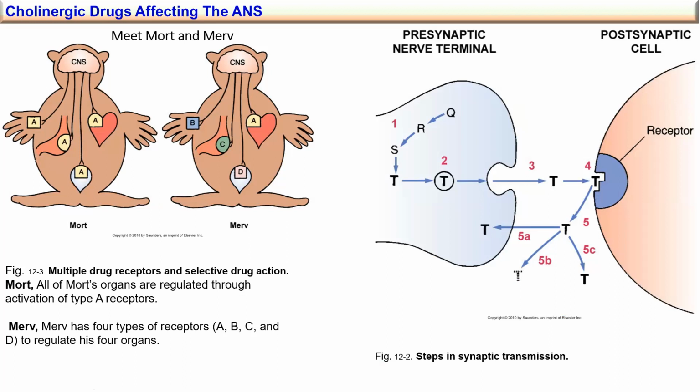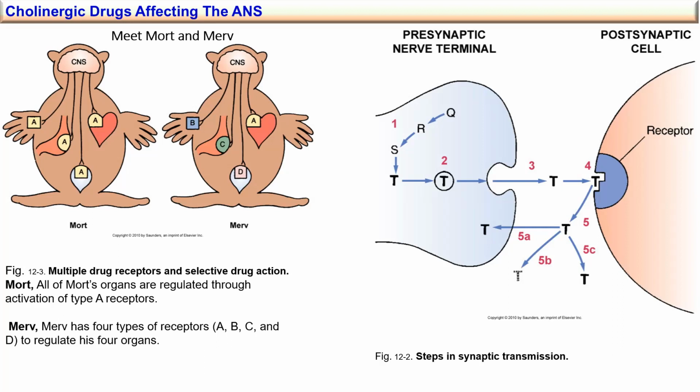This means that drugs that affect type A receptors on one organ will also affect type A receptors on all other organs. Hence selective drug action is impossible here, because all the organs are regulated by only one receptor.